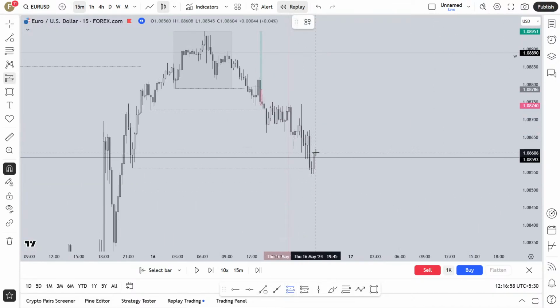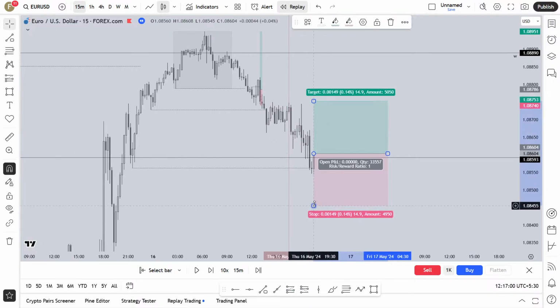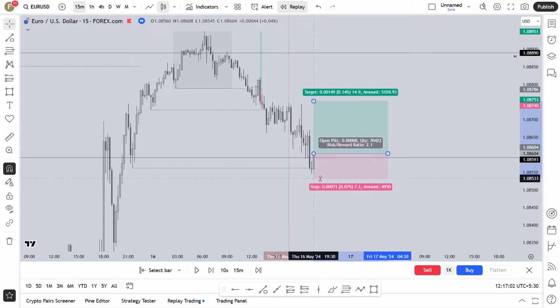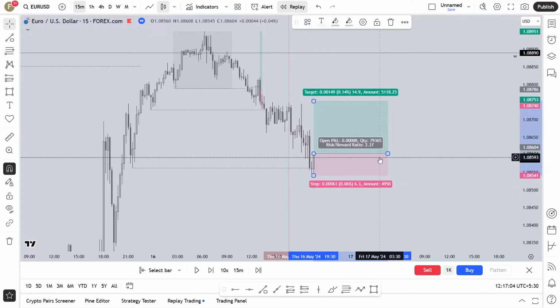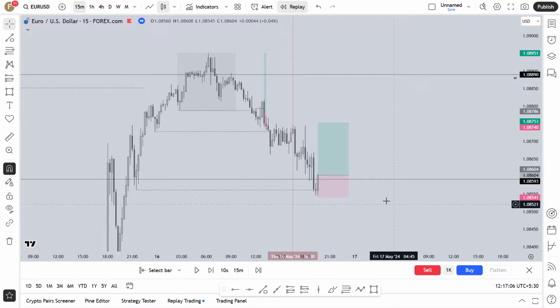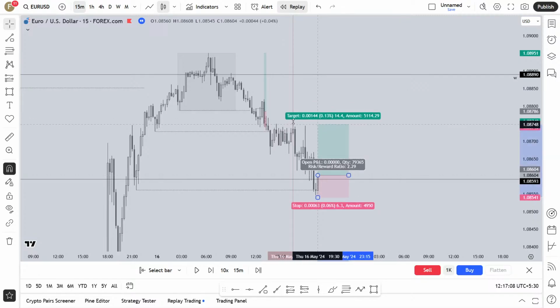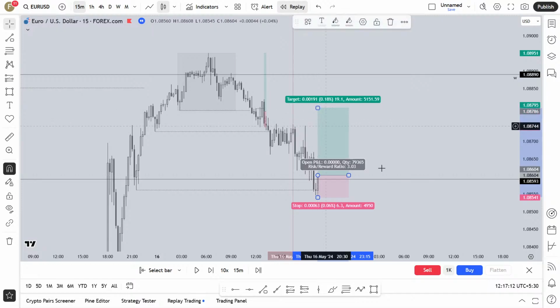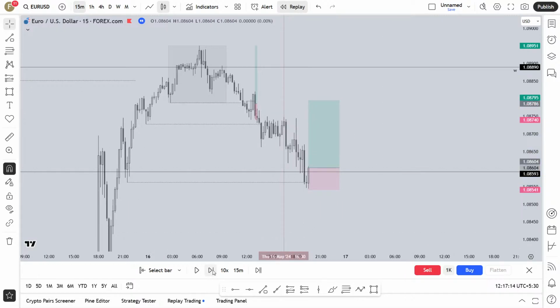Let me go for a long. Put stop loss down below this one. It's also not a very good setup, so I risk here 1 to 3. Yeah, that's enough, guys. Yes. Come on.